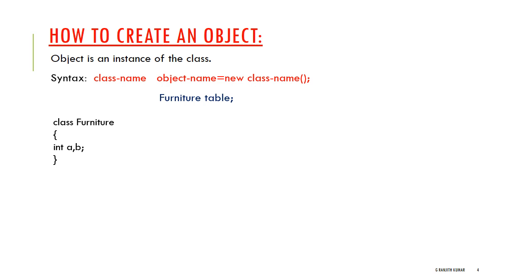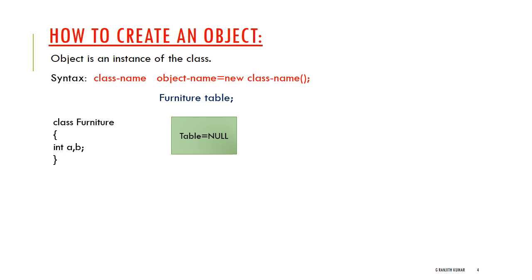When you write a statement like this, we call it object creation or object declaration. When the object is declared, the table contains null. Null means this table will not point to members of the Furniture class. So we cannot access members a and b using the table object.